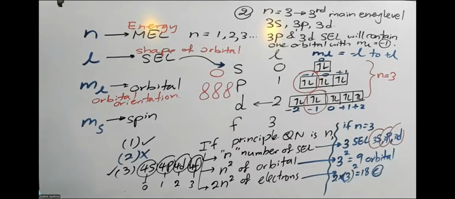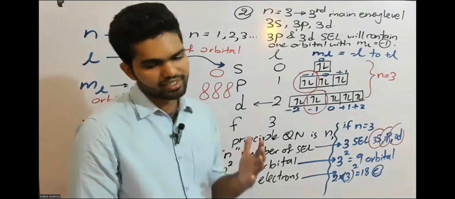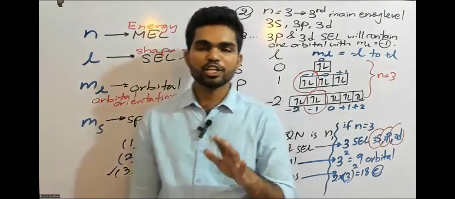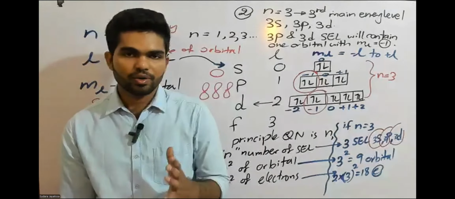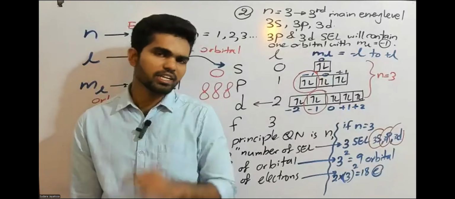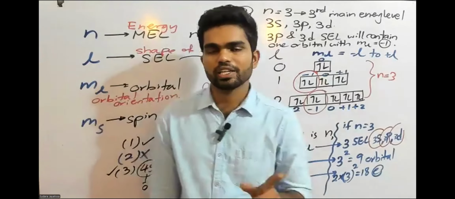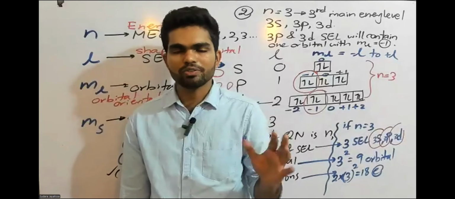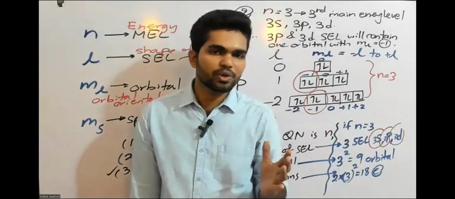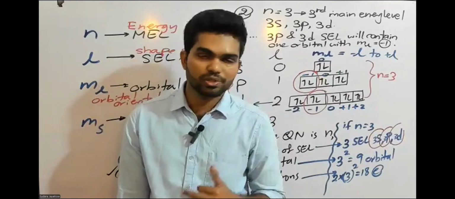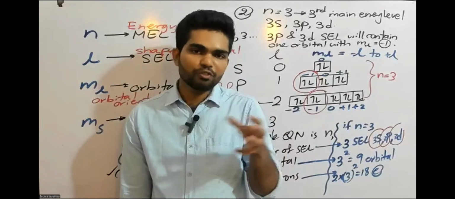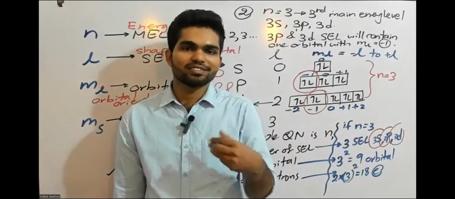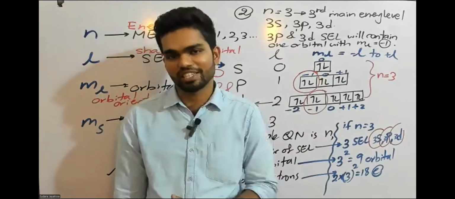Okay, so what we are going to discuss this week is the electronic configuration. We talked a little bit about electronic configuration in our last theory class. But once we fully understand electronic configuration, there are some points I have to teach you, and after that we can do the next level MCQs.